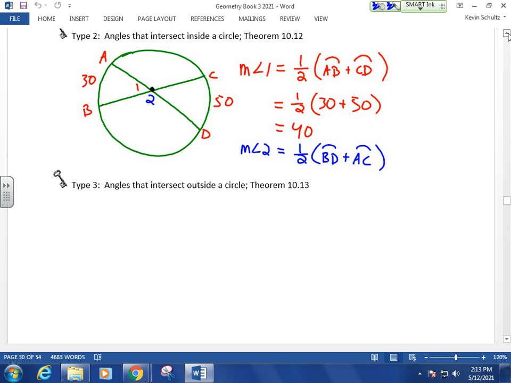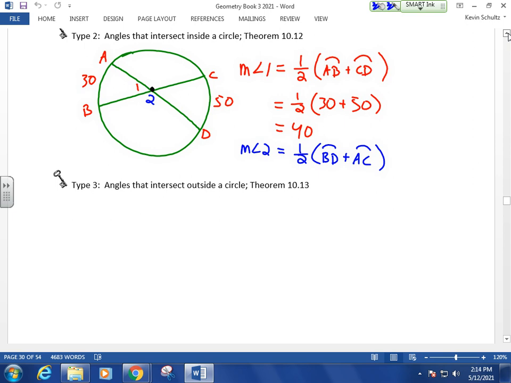Well, if we know that the arcs associated with angle 1, AB and CD, equal 80, how many degrees are left for the other two arcs, AC and BD combined? If 80 degrees of the circle is already spoken for, how many degrees are left for the other two arcs total? Julia? 280, sorry. 280, right? 360 minus 80 is 280, okay?